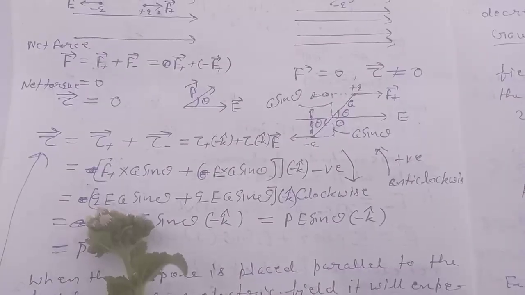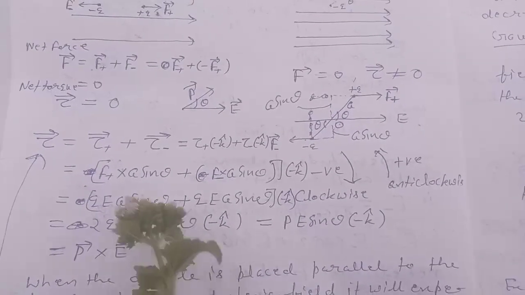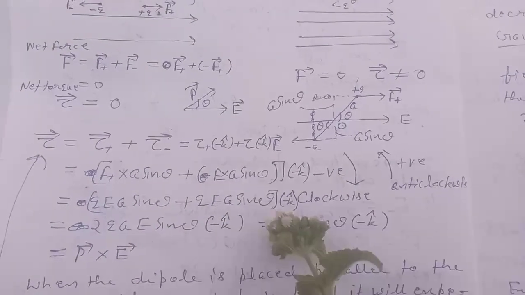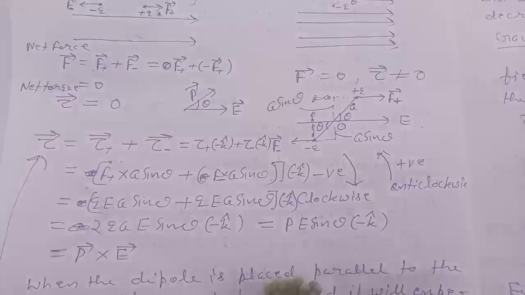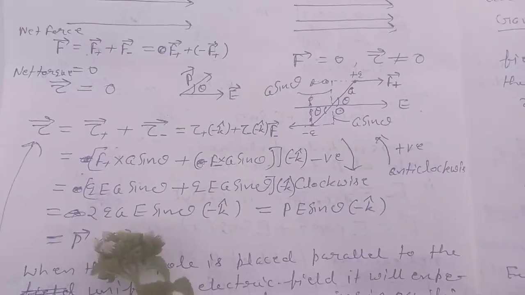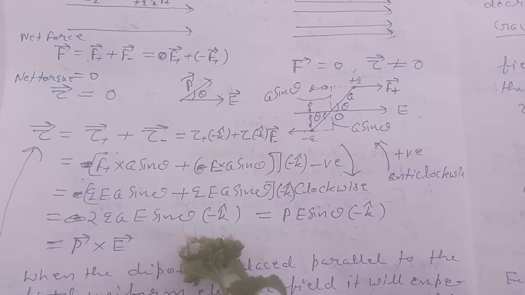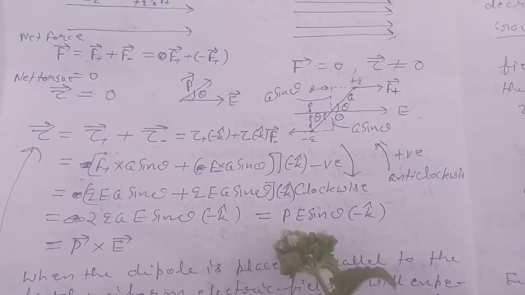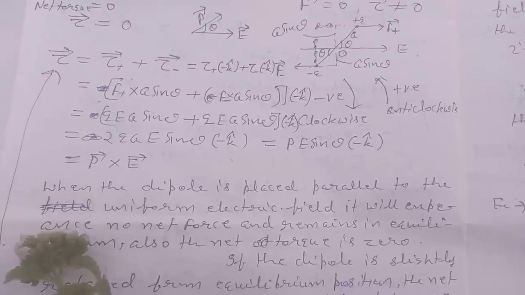So it equals QE into a sine theta, because F is QE, plus QE into a sine theta into minus k cap, clockwise. So 2QA into E sine theta minus k cap, and 2QA is P, so P E sine theta minus k cap. So we can write P cross E vector.